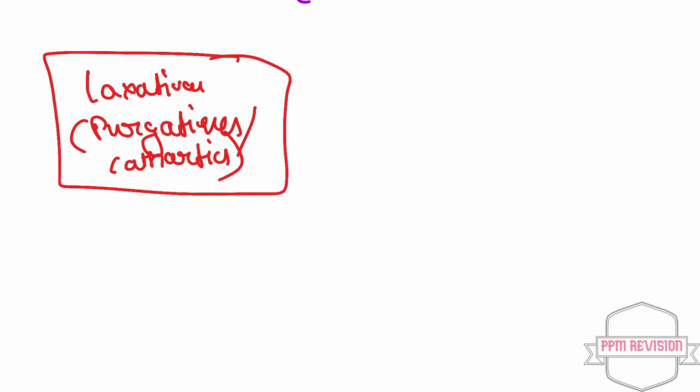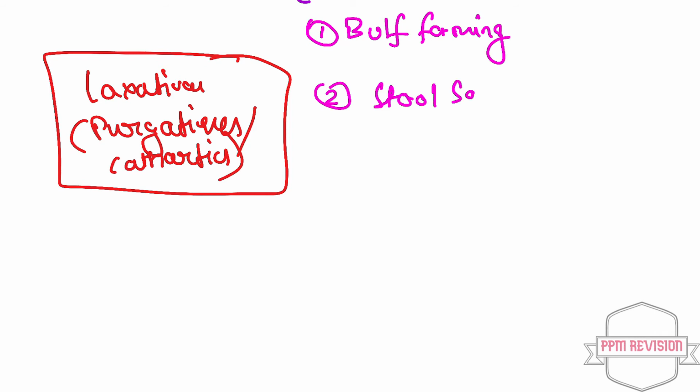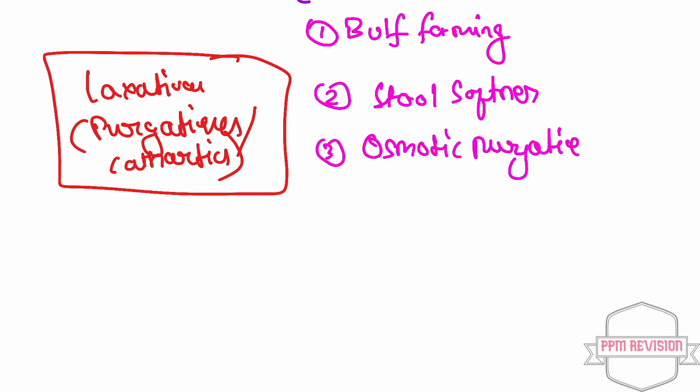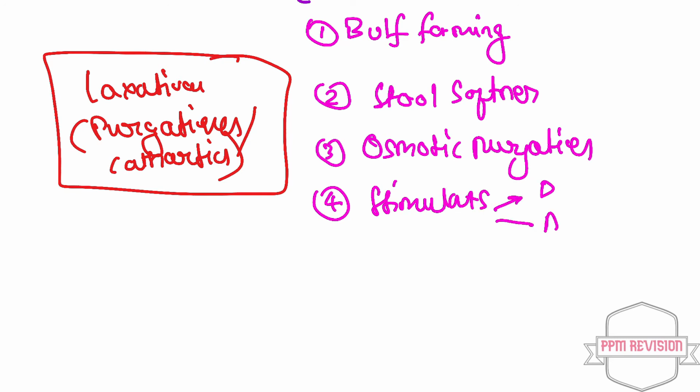Firstly the broad categories as I mentioned: bulk forming, second being stool softener, third being osmotic purgatives, and then fourth being stimulant purgatives, which are further divided into diphenyl methanes, anthraquinones, then 5-HT4 agonist, and then fixed oil.